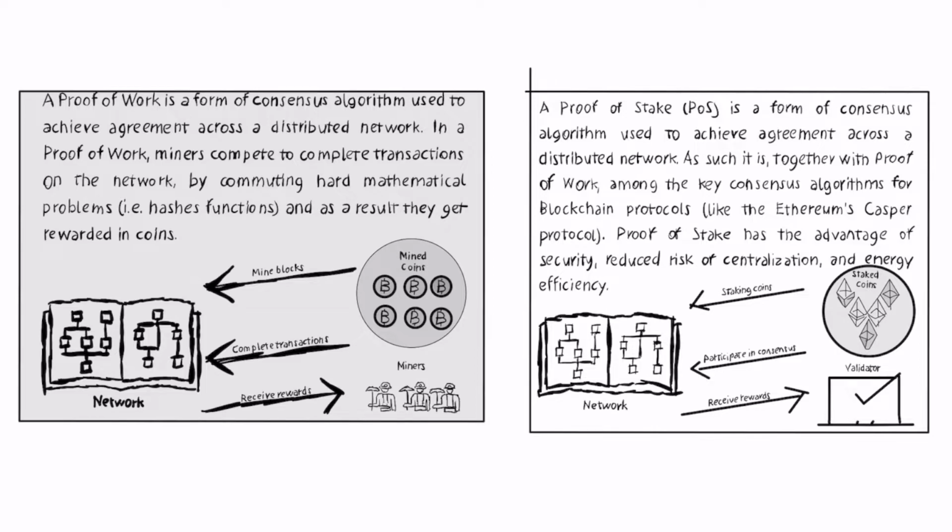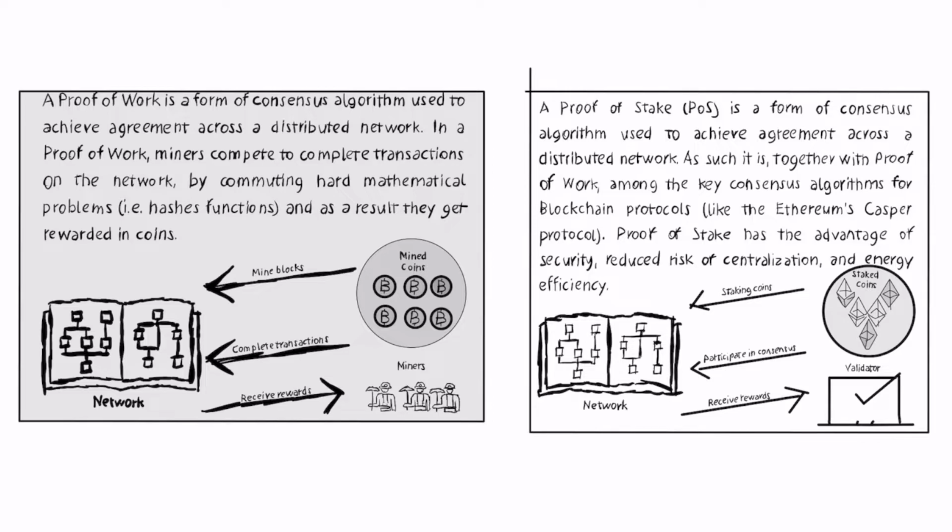So on a proof of work protocol, on one side you have miners that help create more of a cryptocurrency, and on the other side you also have miners which compete to mine blocks that help secure transactions on top of the blockchain. So they work as a sort of mechanism for enabling transactions.